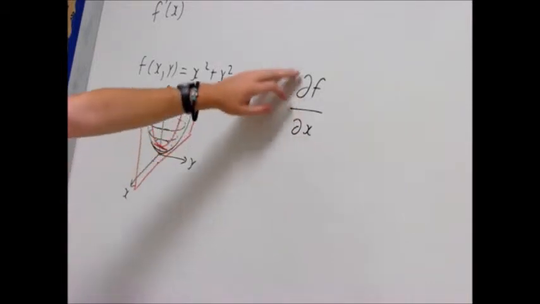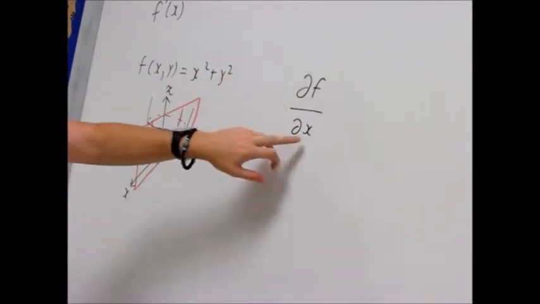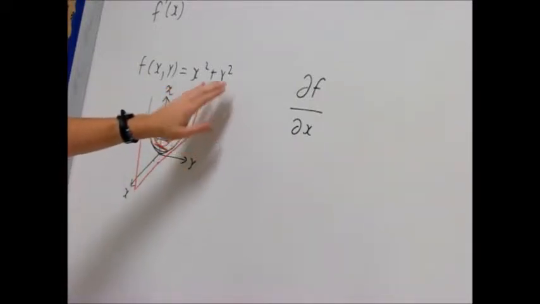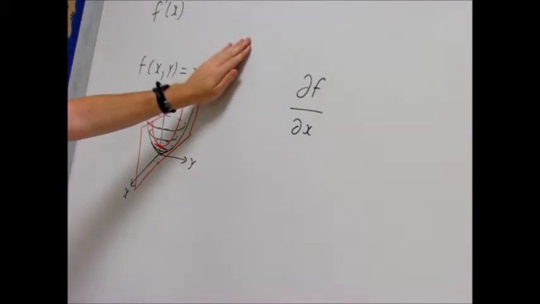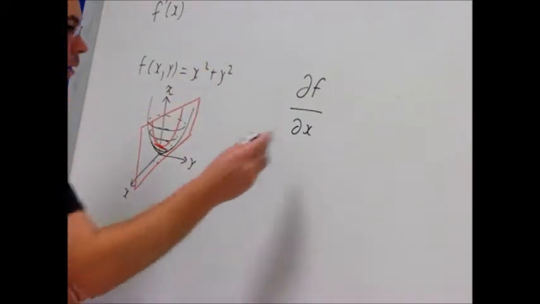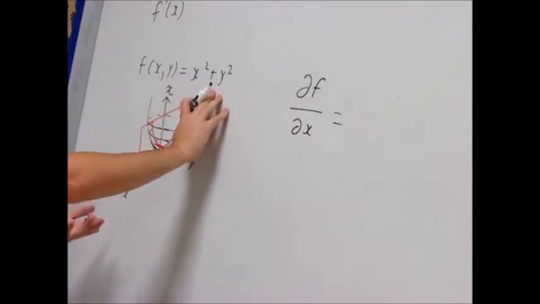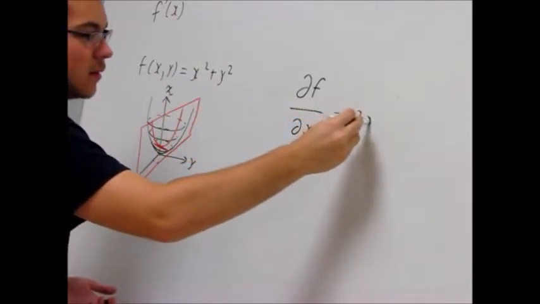So what we do when we see partial f and then partial x is, like we said, this is in the x direction, which means every other variable, in this case y, is assumed to be constant. So the partial derivative in this case, if we have y be a constant, we just get x squared plus some number, and then that would just be 2x.